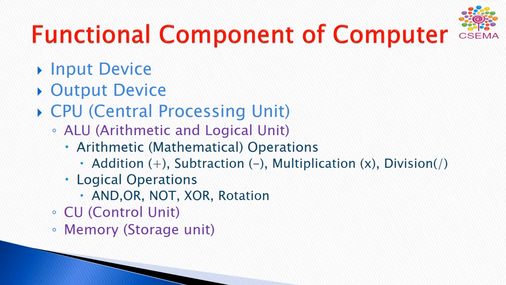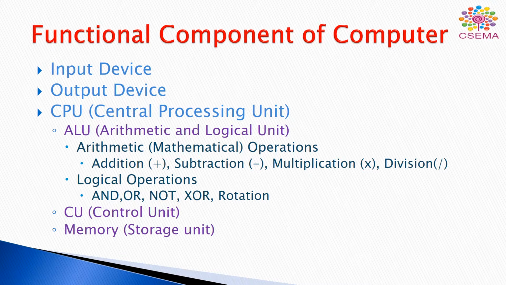And functional components of computer. Functional components of computers means what kind of components a computer uses to perform any operations. Means we see in a computer system a lot of components are connected together with a single CPU.